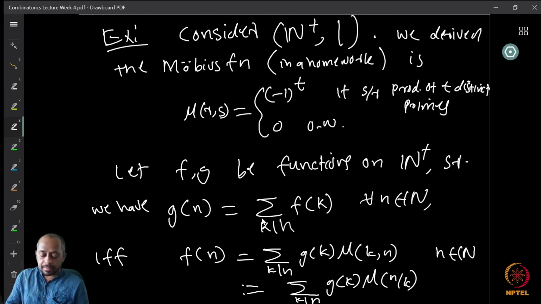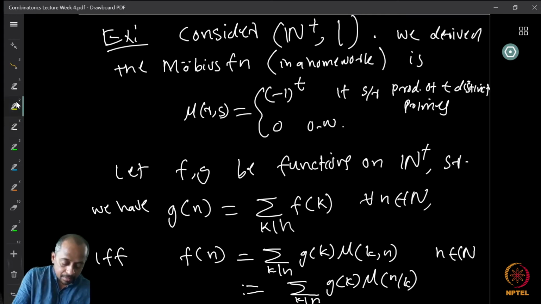So g of n is the sum over all the divisors of f of k. Then Mobius inversion says that f of n is given by summation over all k dividing n of g of k into mu of k comma n. That is the definition of Mobius inversion.